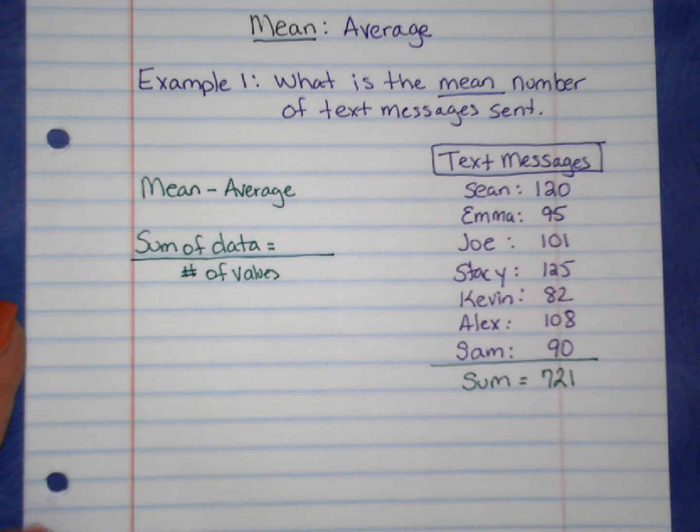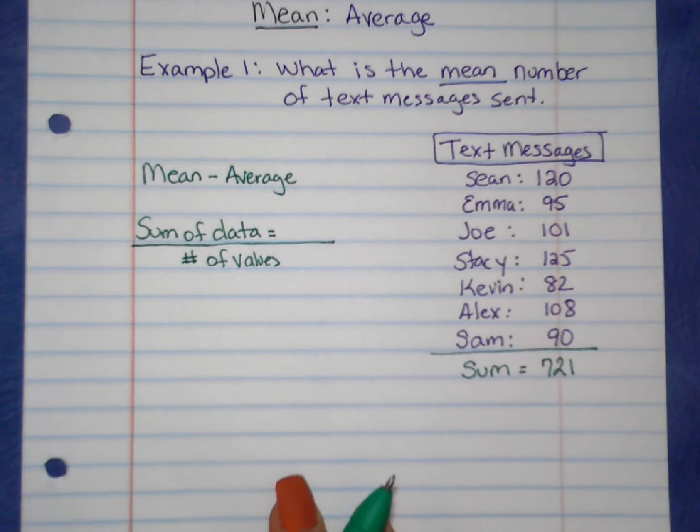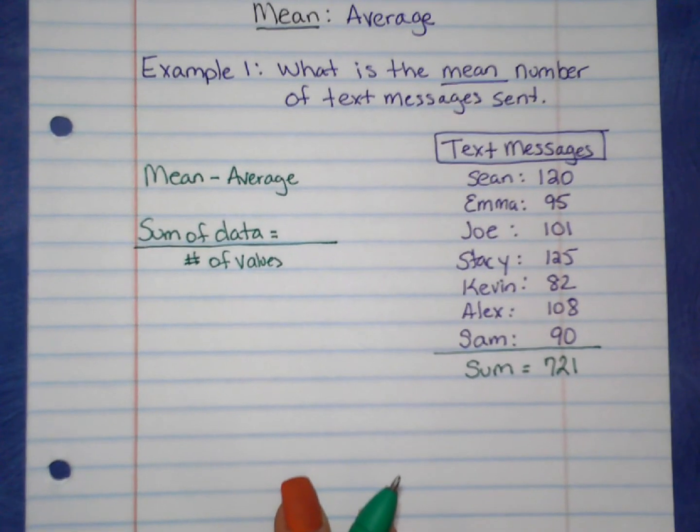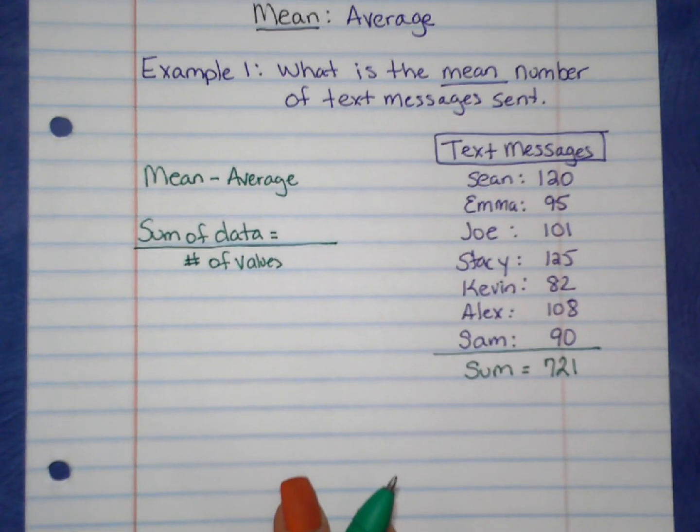Okay? Now, I do want to show you something. Whenever you get a data set that is written in this format, or another format, like perhaps it's in a table, or it's in a list, but it's not in number order, it's not in value order, the best thing that you can do is to go ahead and copy down the numbers in order.